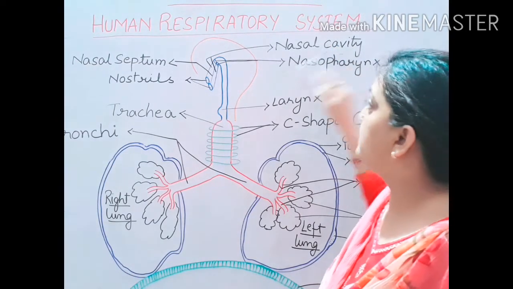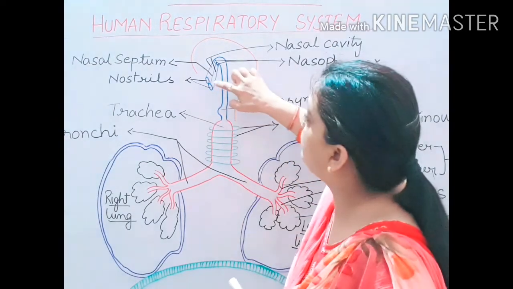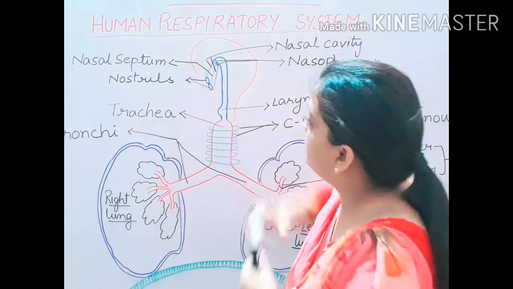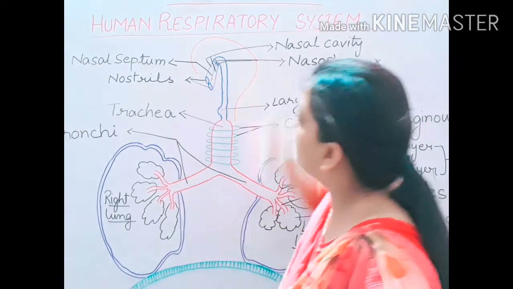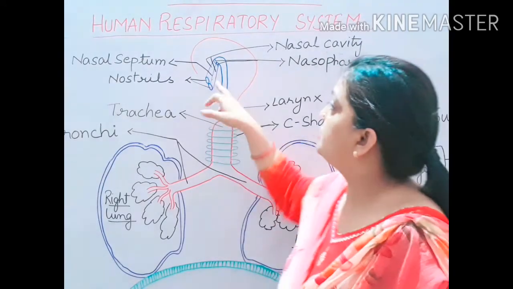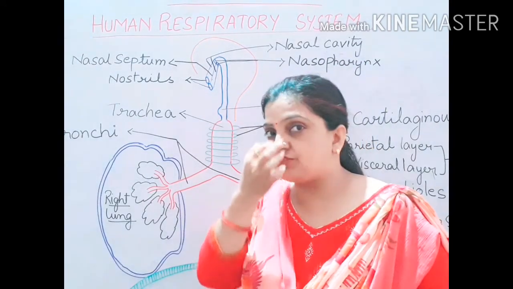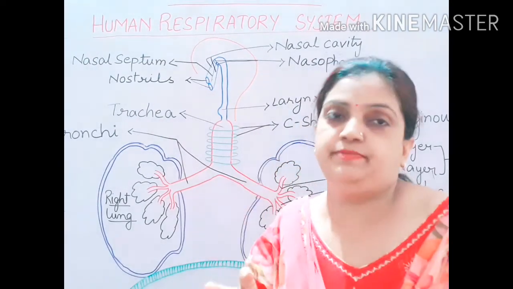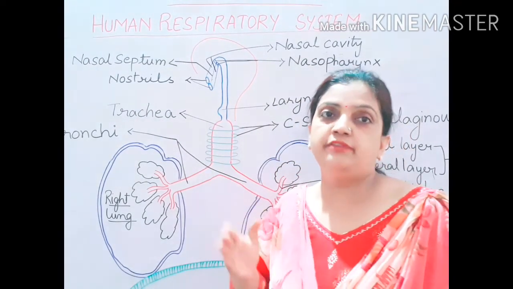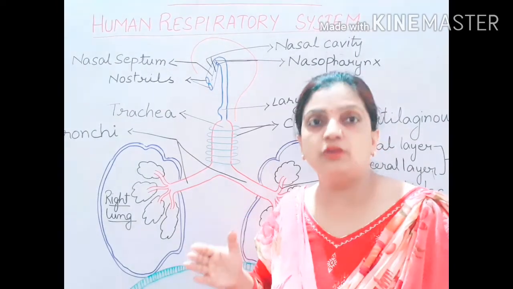This nasal cavity is divided by a partition in between. Can you see this line? This partition between the two nostrils is called the septum, or the nasal septum. The word nasal is used for the nose.